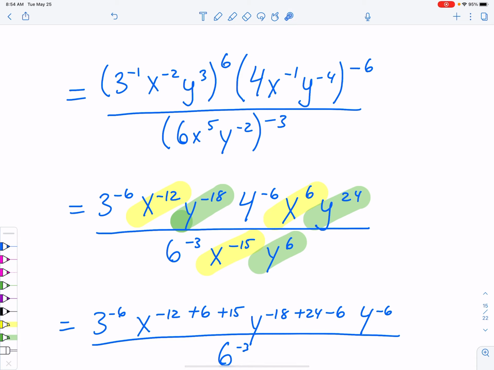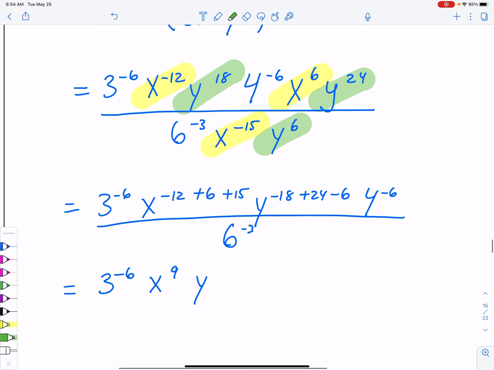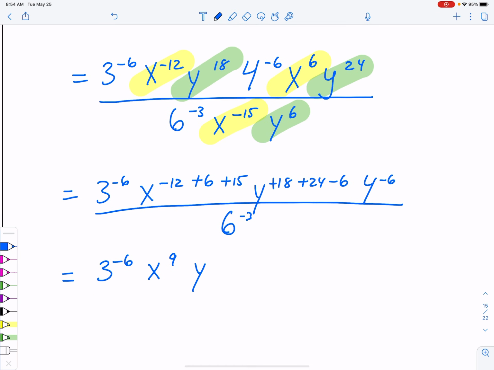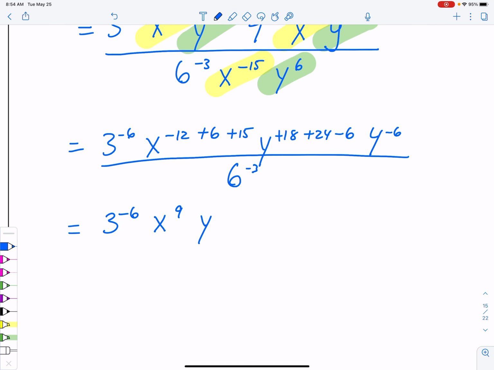This y is a positive 18, not a negative 18. There we go. So that's a positive 18. Sorry about that. All right, so then this y is to the 36. And then we have 4 to the minus 6 over 6 to the minus 3.